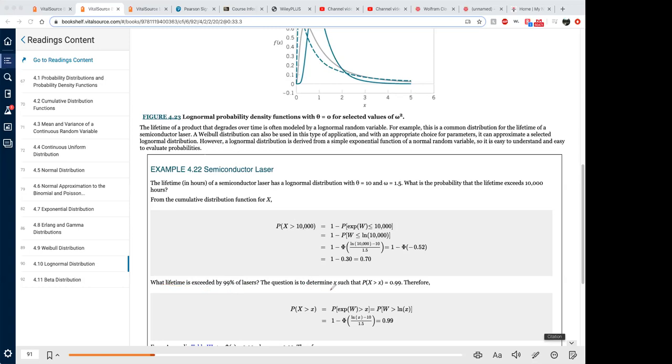We express x as e to the w, take the natural log, and we get this. Then we find the z-score of natural log x. In this case, using the calculator, you can find the x value. How can I do that? Let me show you.